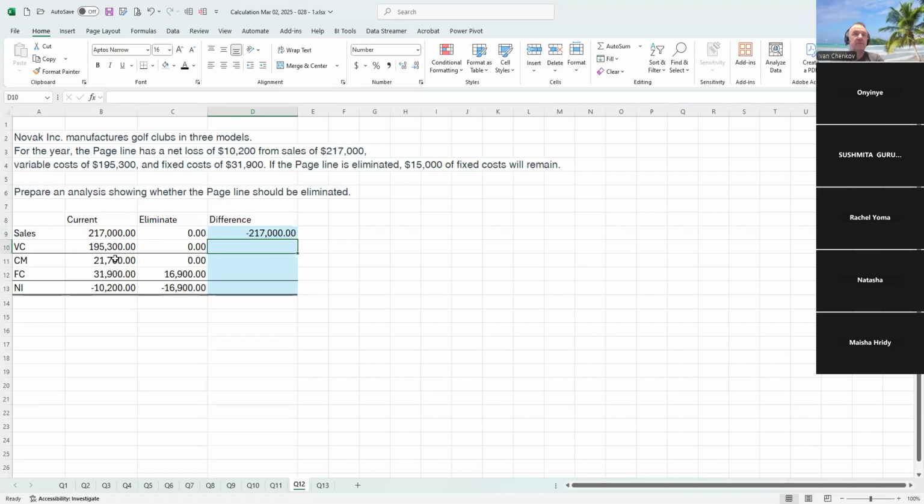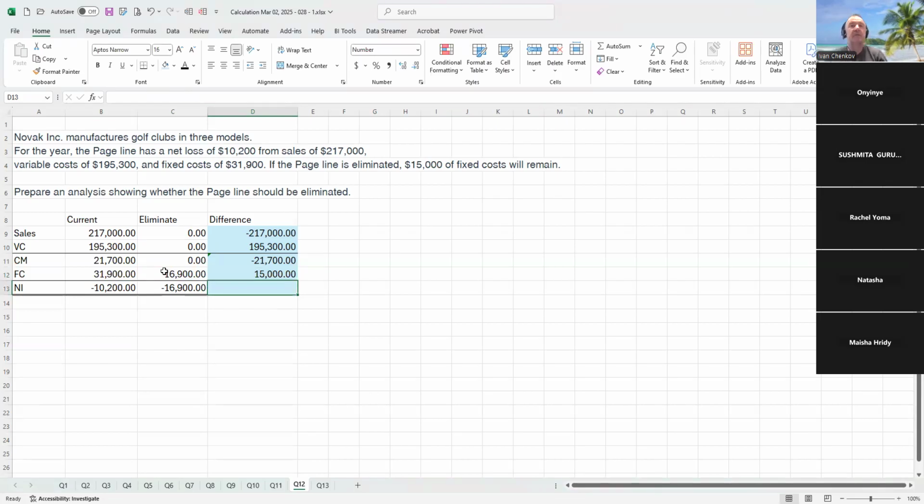Sales lost. Now on the variable cost, I'm going to save it. I'm saving the variable cost, but I'm losing the contribution margin. That's gone. Correct? How much can I save on the fixed cost? That minus that: 15,000.